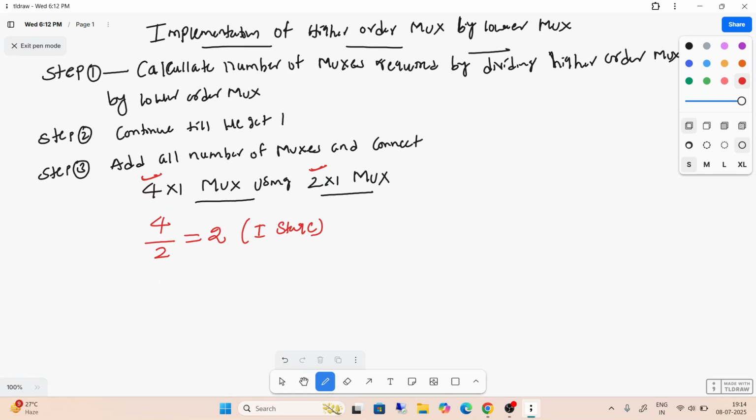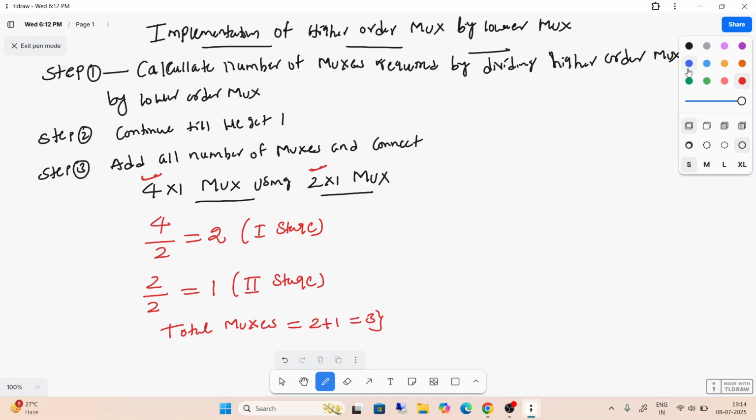After that, 2 by 2 gives 1, which is the second stage. So total muxes required are 2 plus 1, which is 3.